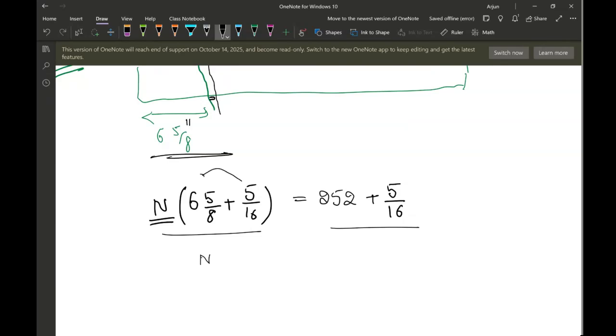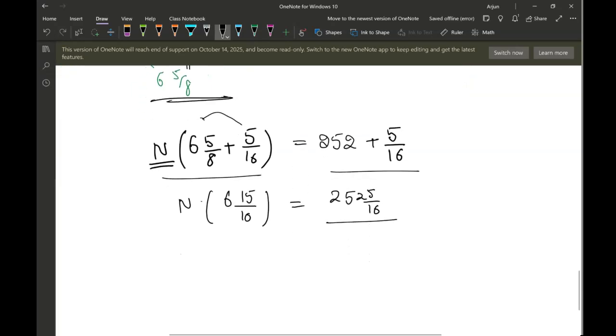So first of all, I'll add these two numbers, 6 and 5/8 plus 5/16, that's going to give me n times 6 15/16, and on this side it will be 252 plus 5/16.